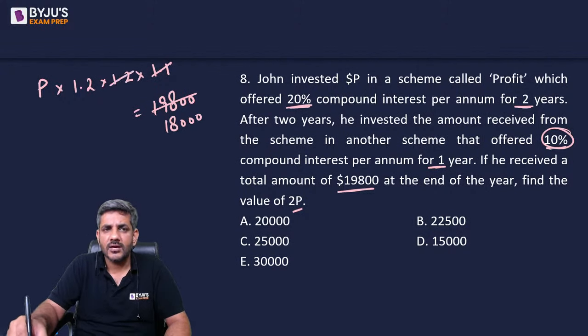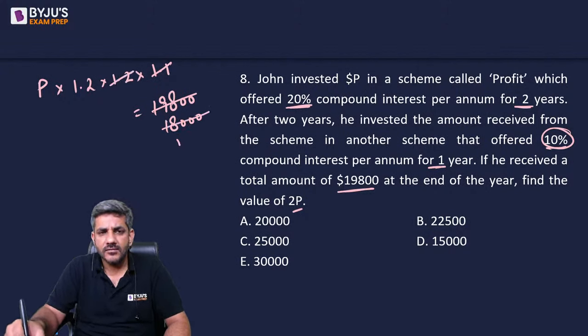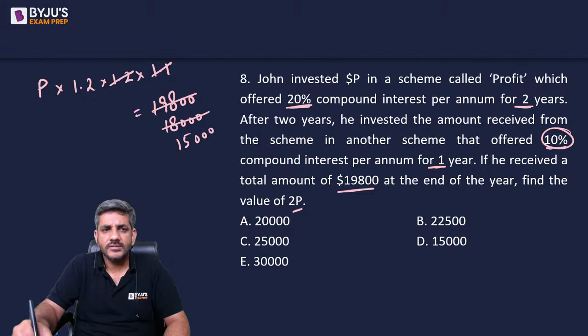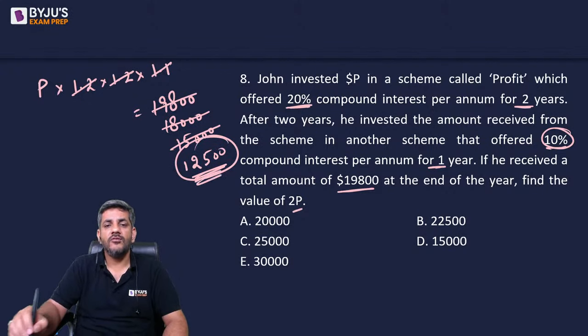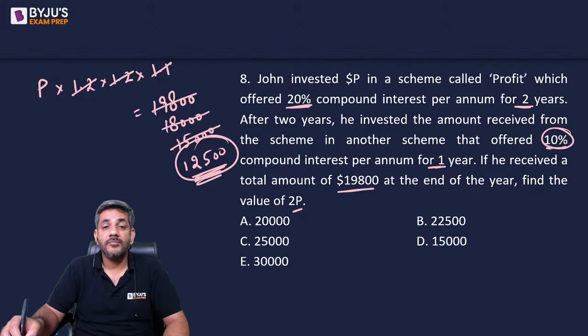Then I can cancel out 12 at 15000. Then I can cancel out 12 once again, 12 ones are 12. And then I have 3, 12 twos are 24 and 6, 5. So 12500 becomes the value of P. If the value of P is 12500, the value of 2P is 25,000. So that's the right answer.